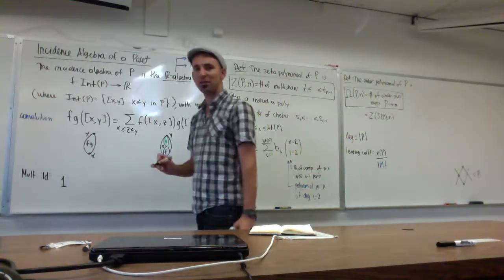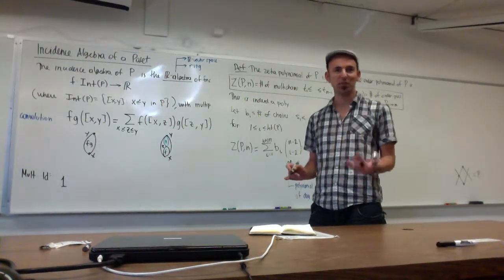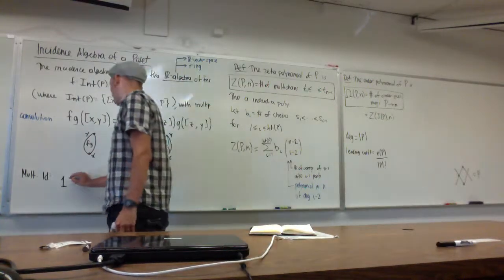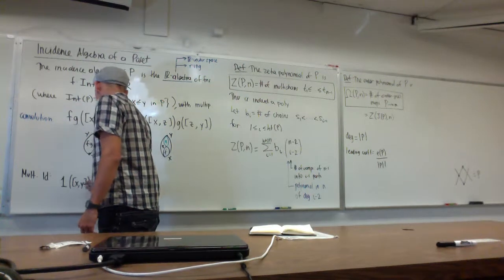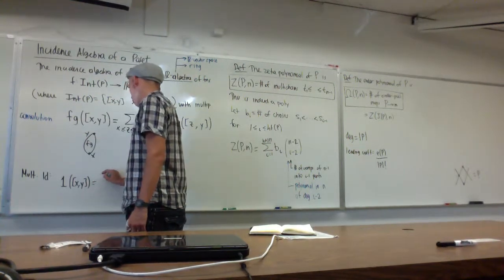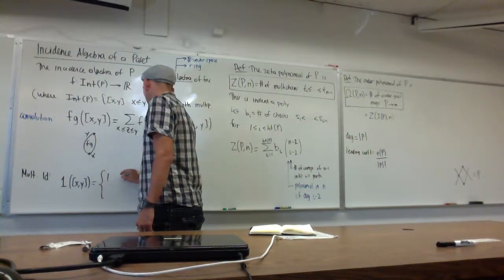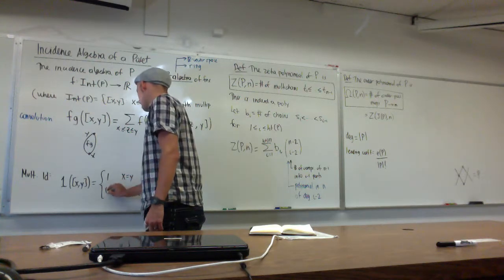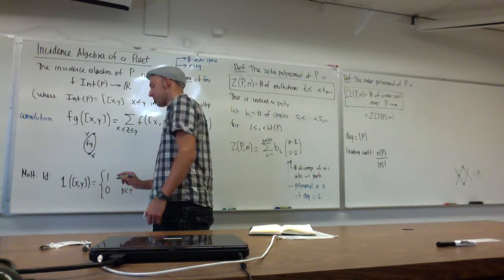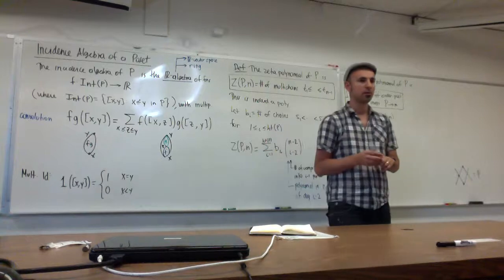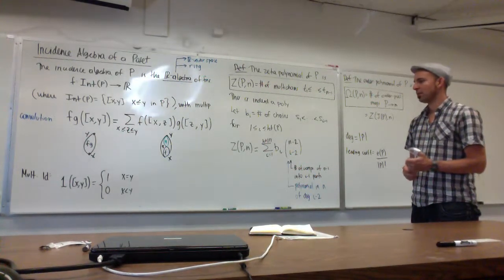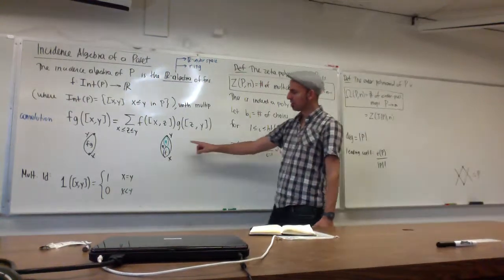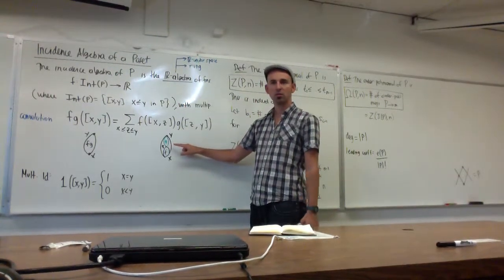It's called 1. But it's not the number 1, it's the function 1, which assigns to the interval xy 1 if x and y are equal, and 0 if x is less than y. And why is this? Because you imagine that g is 1.